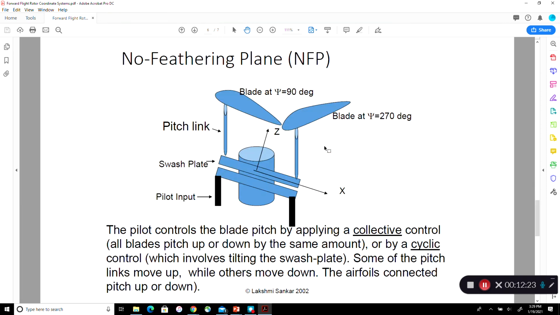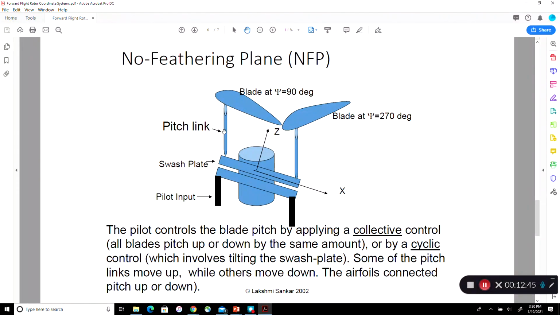In the no feathering plane, in this plane, these rods are not moving up and down at all because they are always touching this shaft, this one. So to them, the blade does not seem to be pitching up or down at all. You're at an inclined plane.